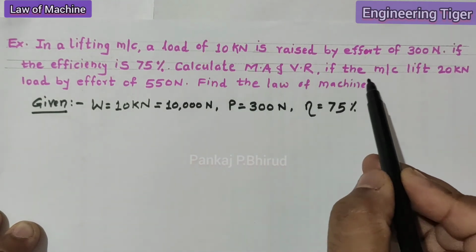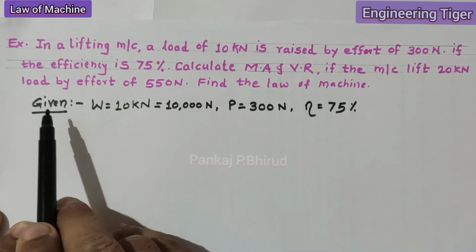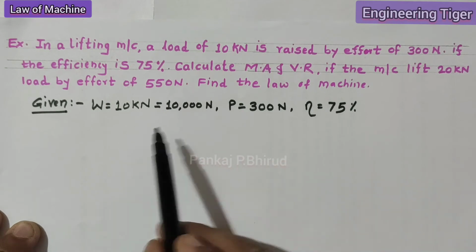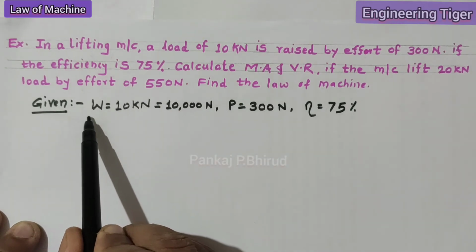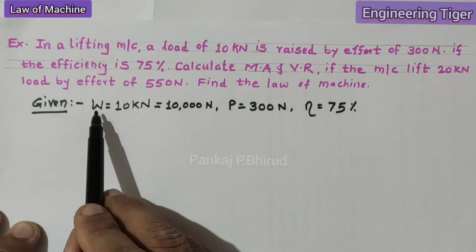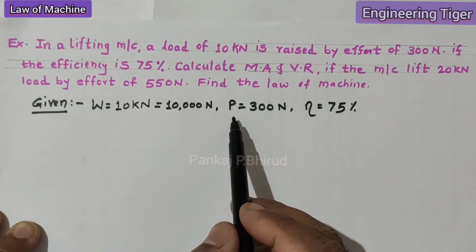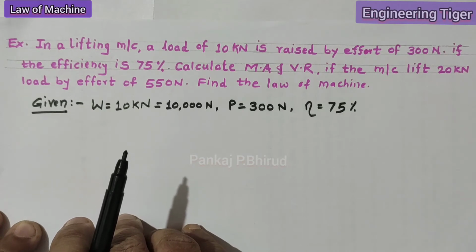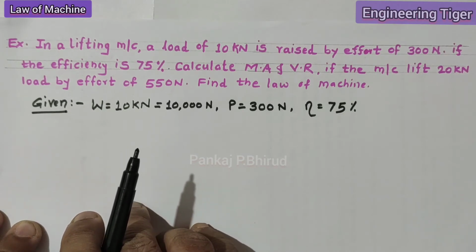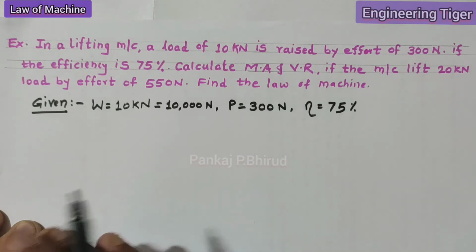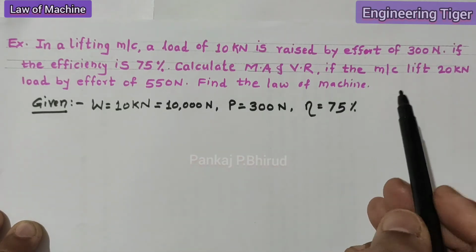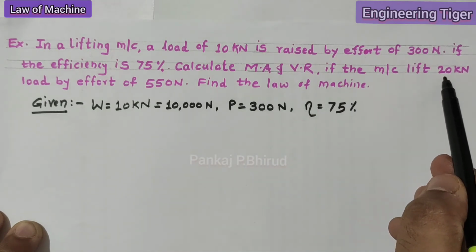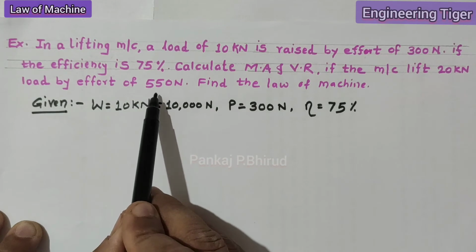Calculate MA and VR if the machine lifts 20 kilonewton load by the effort of 550 Newton, and find the law of machine. So in the first sentence, there is a load and effort with efficiency given, and we have to find out the MA and VR. Then we will find out the law of machine from the given load and the effort.